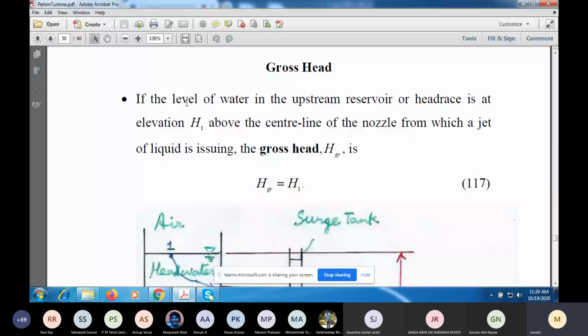It is just H1, which is the elevation of the level of water in the upstream reservoir or headrace above the center line of the nozzle from which the jet of liquid is coming out.